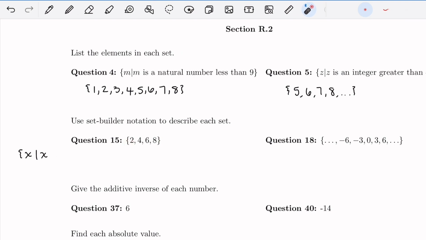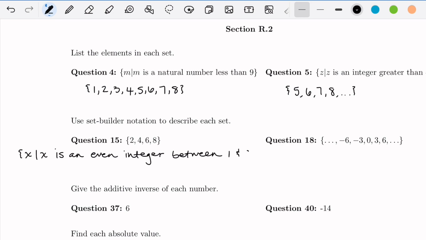So what we can do is list exactly that. We can say x such that x is an even integer between 1 and 9. That's how we can use set builder notation to describe this set.